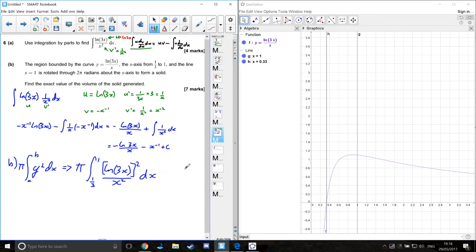So what's interesting with this is this 2 can't be moved down to the front with a law of logarithms. It's something different to what you've seen before. If the 2 was right outside the 3x, then yes, it could be dropped down. However, it's actually a logarithm all squared. It's not the same thing. So this 2 can't be moved to the front.